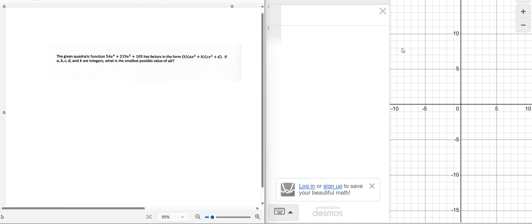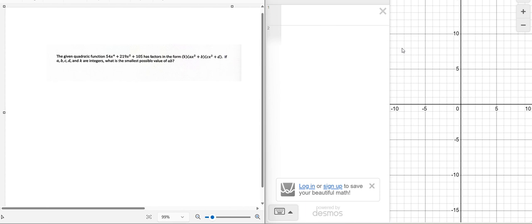The given quadratic function 54x to the power 4 plus 219x square plus 105 has a factor in the form k(ax square plus b)(cx square plus d). If a, b, c, d and k are integers, what is the smallest possible value of ab?